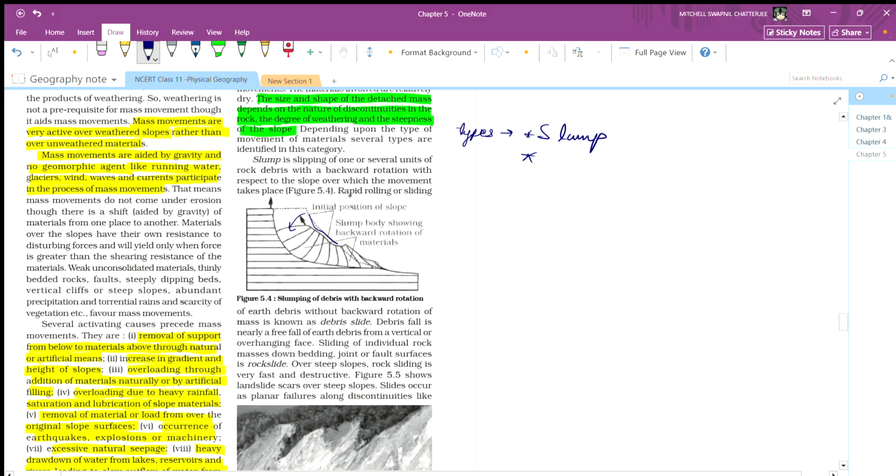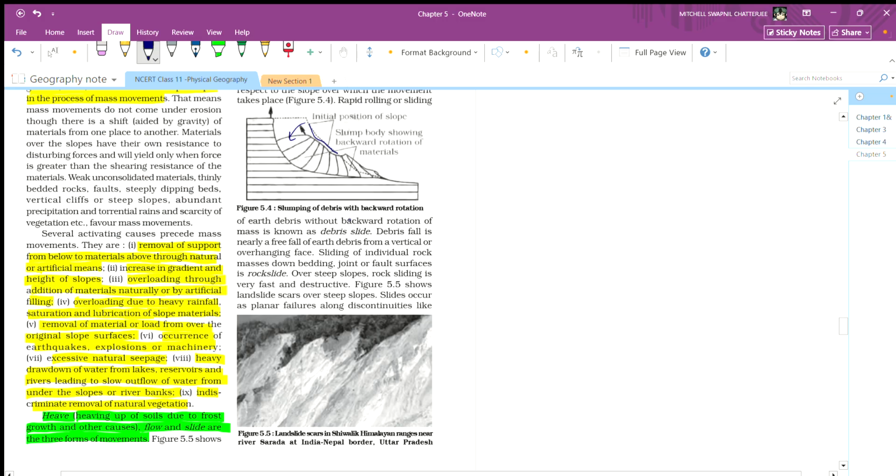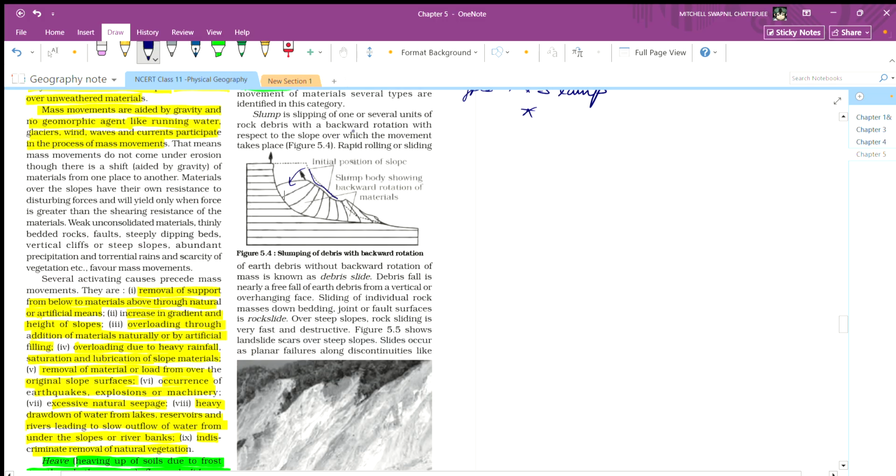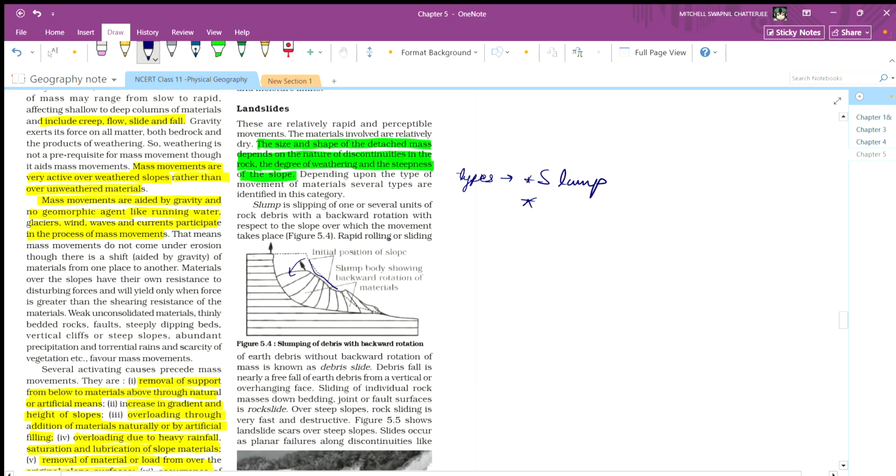So next is rapid rolling and sliding of debris without backward rotation. Second one is rapid rolling or sliding of debris without rotation, a debris slide. Next one is debris slide.